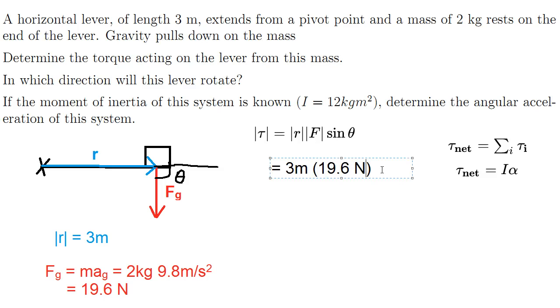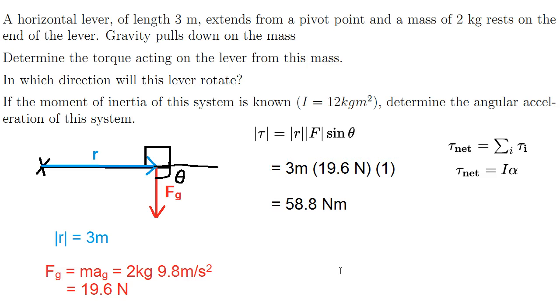Now the sine of 90 degrees is just literally the number 1, so it's not really going to affect this. Now I can multiply these all together, and if I do so, I will get 58.8 newtons multiplied by meters. And although newtons multiplied by meters can give you joules, for torques it's customary just to leave them in newton meters, so as to not confuse the methodology that you're going to use.